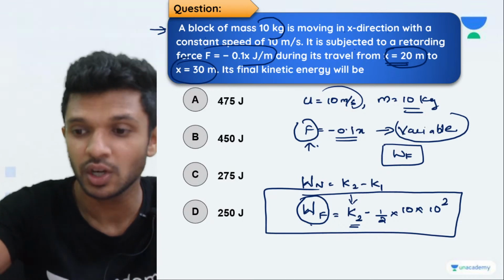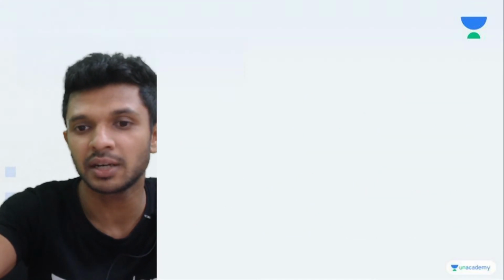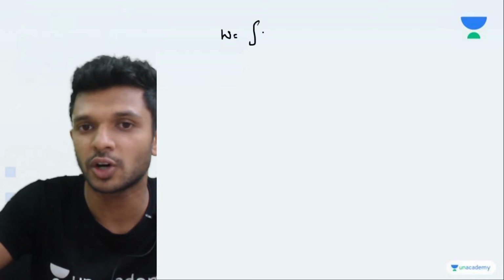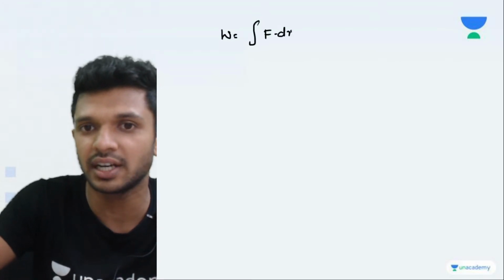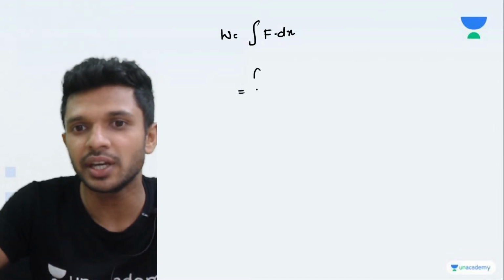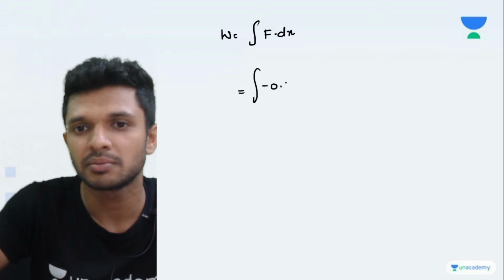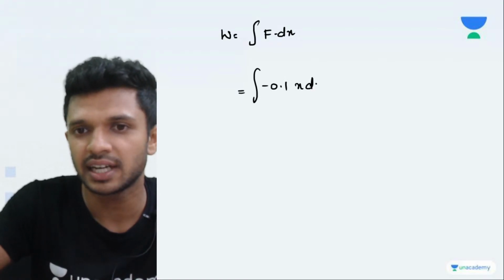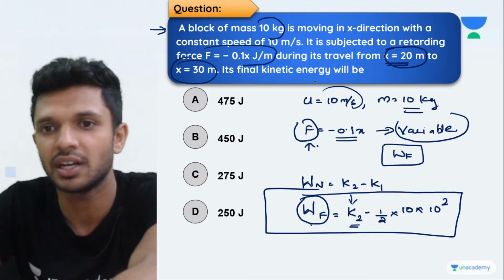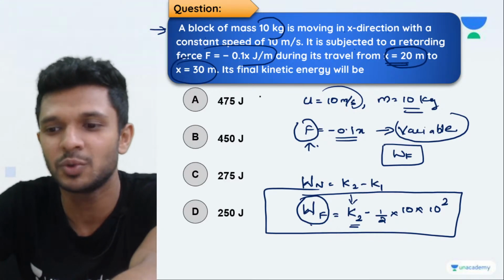How many of you know the equation to find the work done by a variable force? Work done by variable force is the integral of F dot dx, isn't it? Yes or no? So the equation for force is given as minus 0.1x, dx. We have to integrate x, and x is changing from 20 to 30.